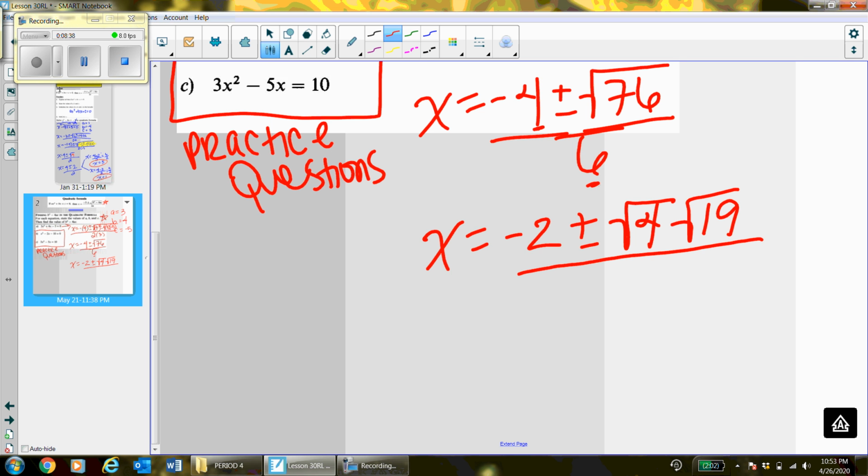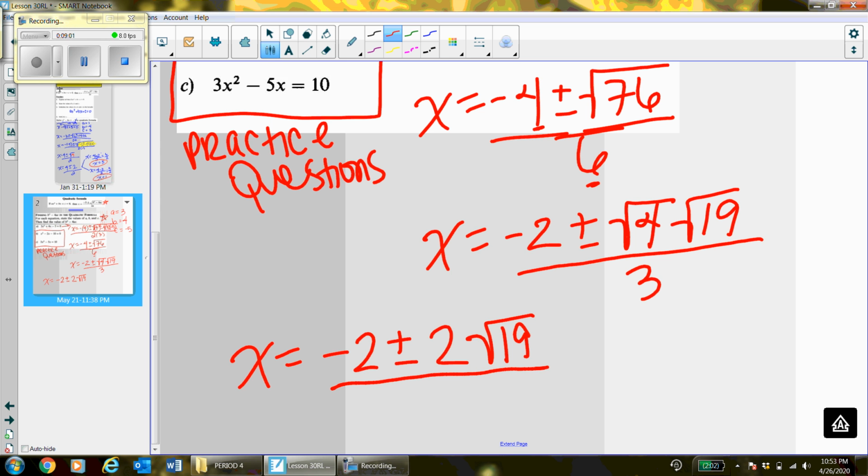All right, and then this 6 can be divided by 2, which makes it a 3 now. All right, so now let's try to break this down. So we have x equals -2 plus or minus 2 radical 19 all over 3.